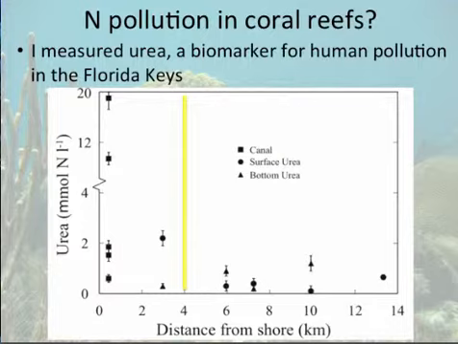And so there was no evidence of any human urea signal beyond 4 kilometers from shore. What this tells me is that when we get further than about 4 kilometers from shore, the nutrients that a coral reef is able to acquire aren't impacted by anthropogenic pollution.